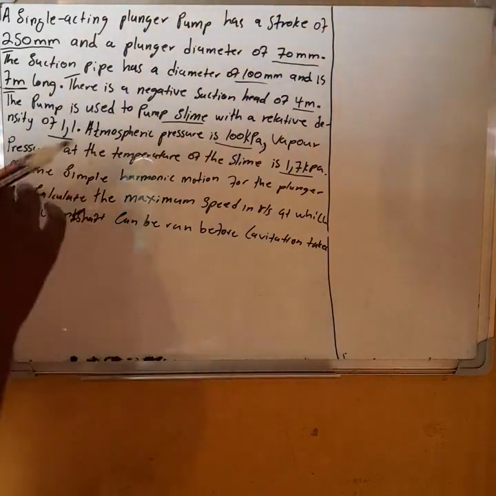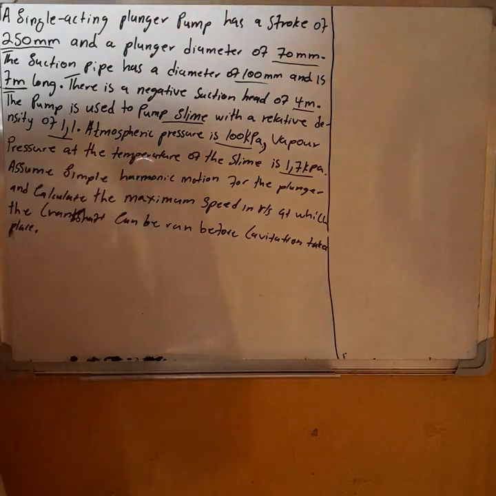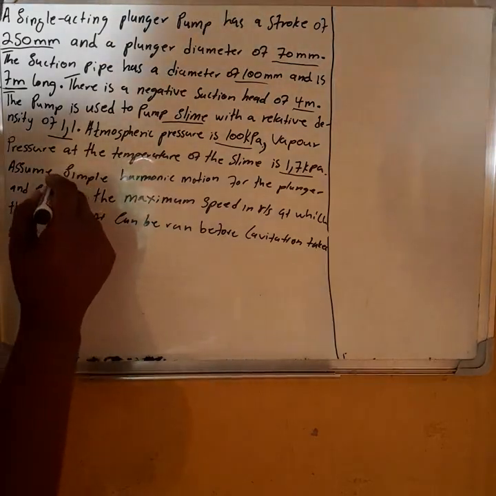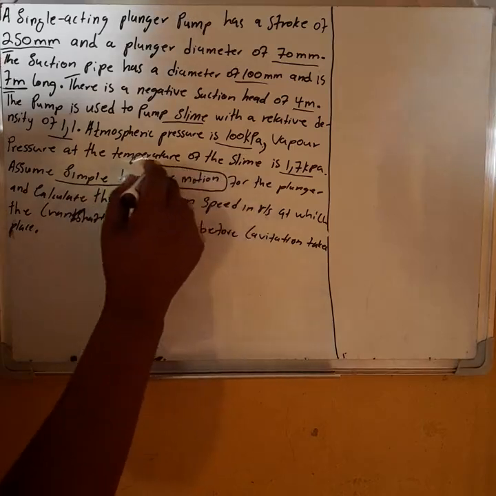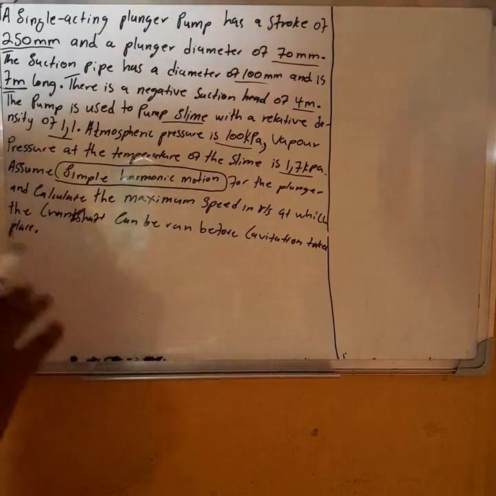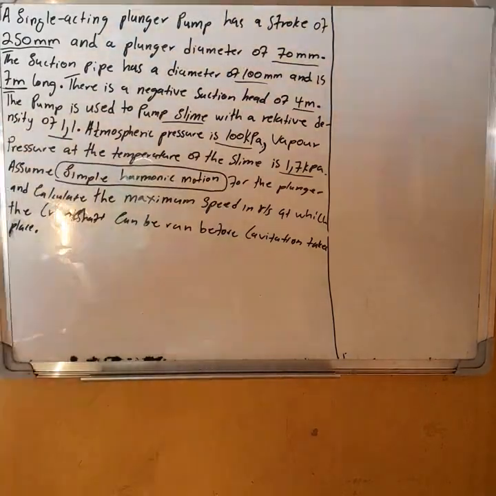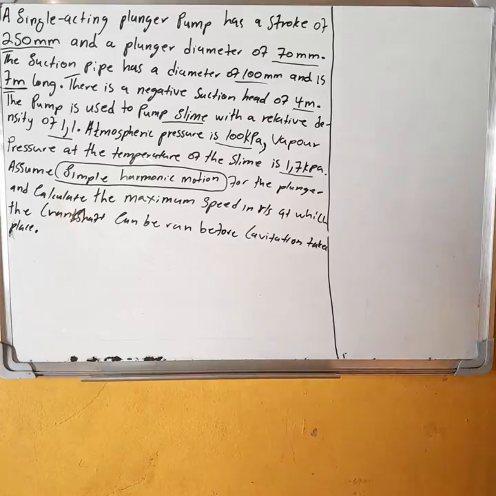Assume simple harmonic motion. These words are very important. When you are dealing with simple harmonic motion, you already know what is coming, and you must know the formula. We've discussed the formula of simple harmonic motion for the plunger.